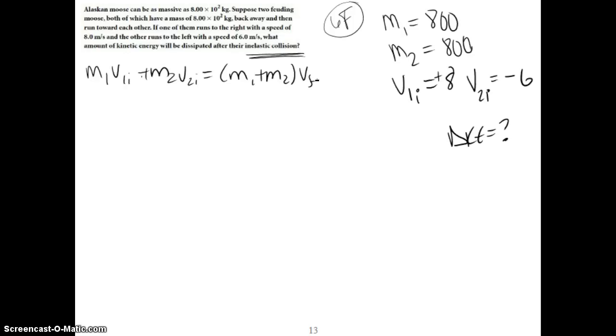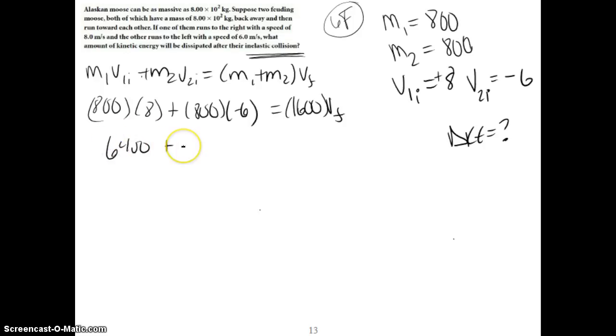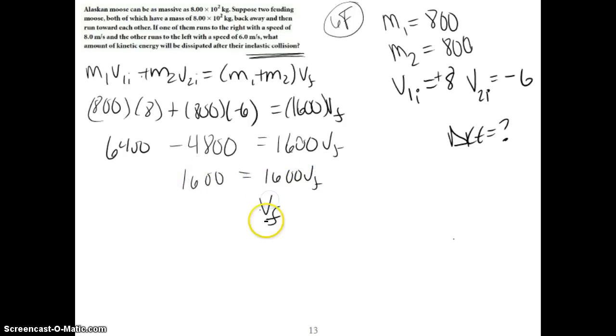So let's work as I go. 800 times 8 plus 800 times negative 6 equals 1600 times your final velocity, which leads to 6400 minus 4800, which a little bit of calculator work gives us a final velocity of 1 meter per second. Notice it's positive, so we know we're moving to the right.